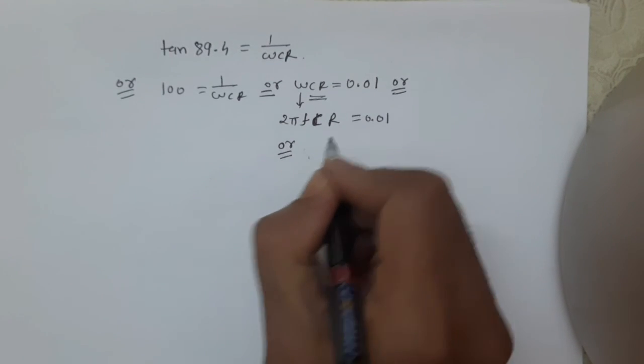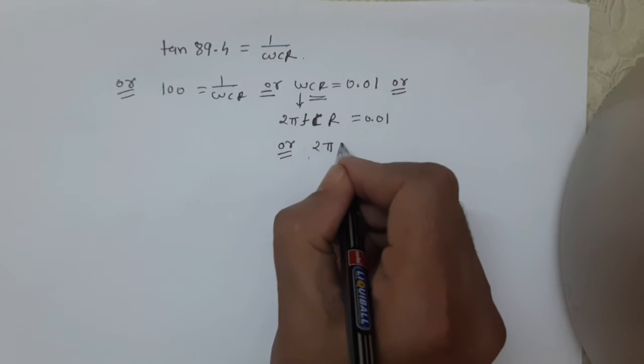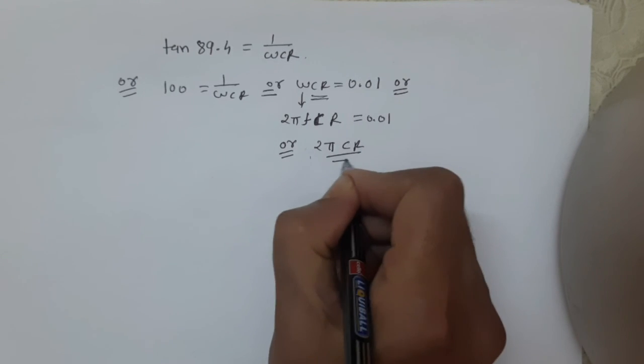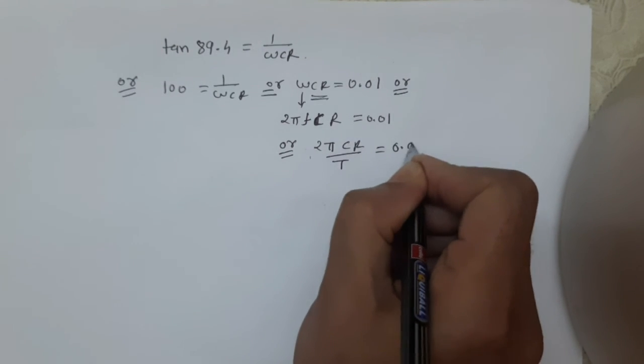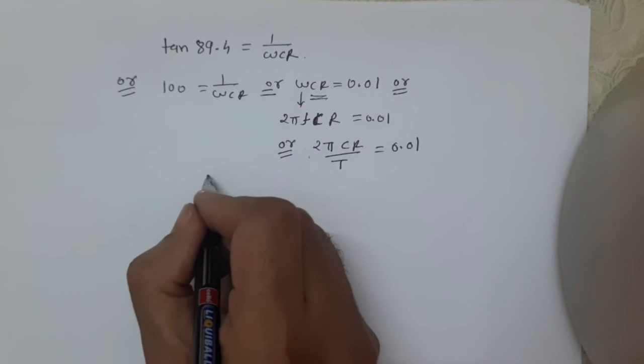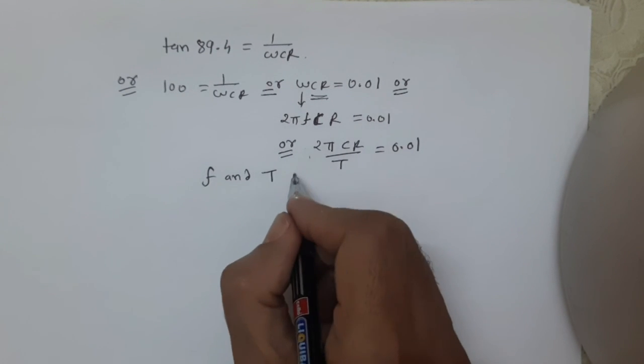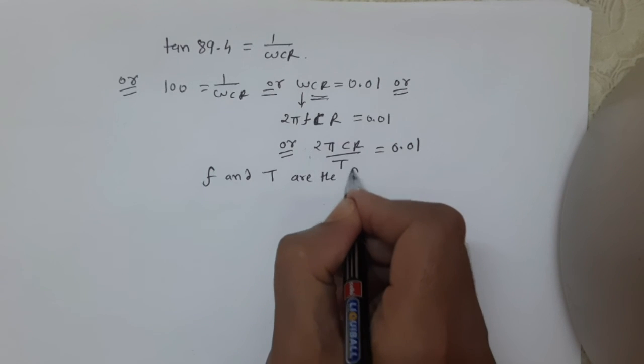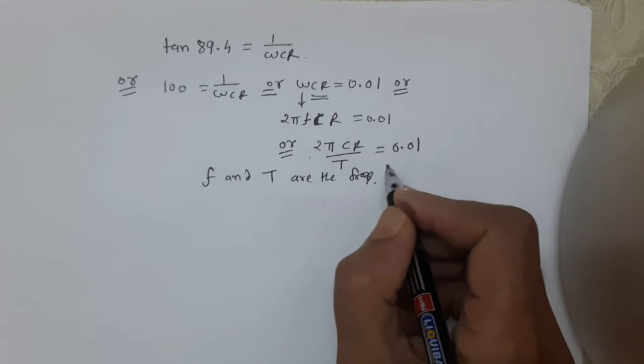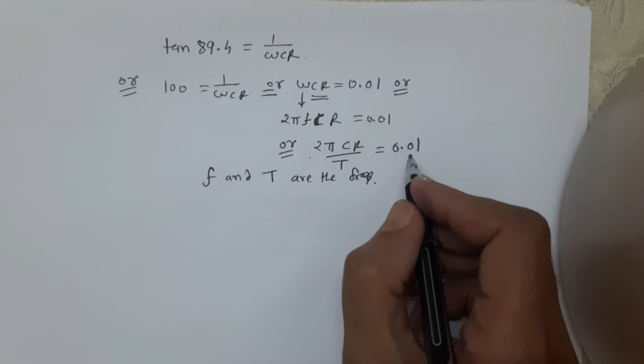or we can write 2 pi C R upon T equal to 0.01, where f and T are the frequency and the time period of the input sine wave.